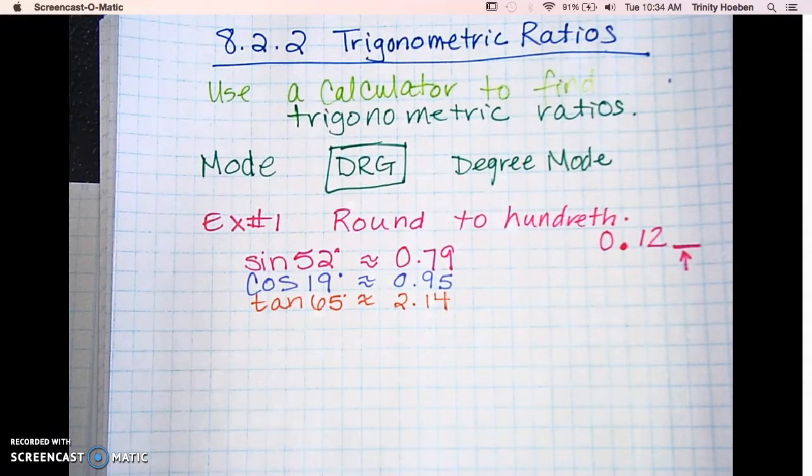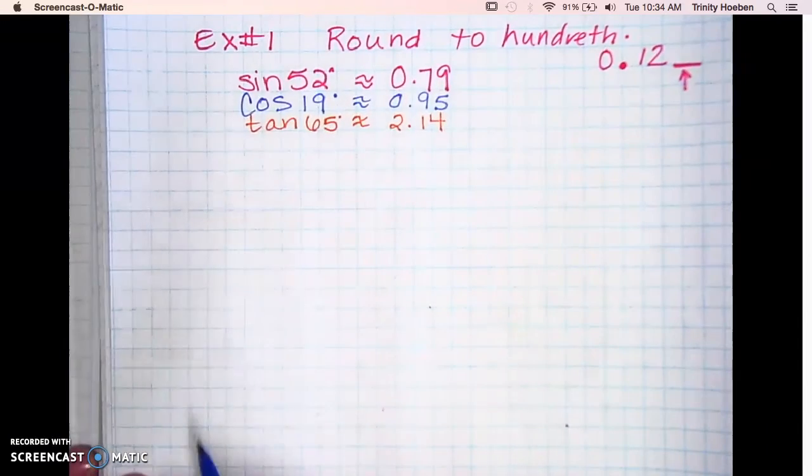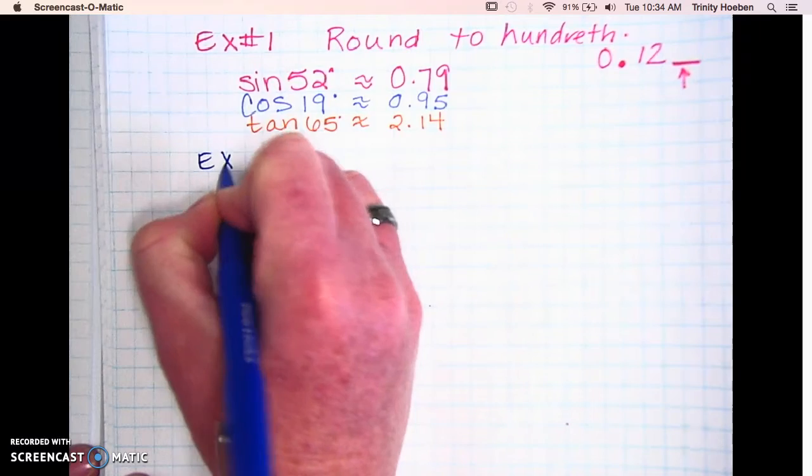Any questions on example number 1? Pretty easy, right? So some of the questions on your assignment are as easy as you typing it into your calculator, just like that. All right? Example number 2.